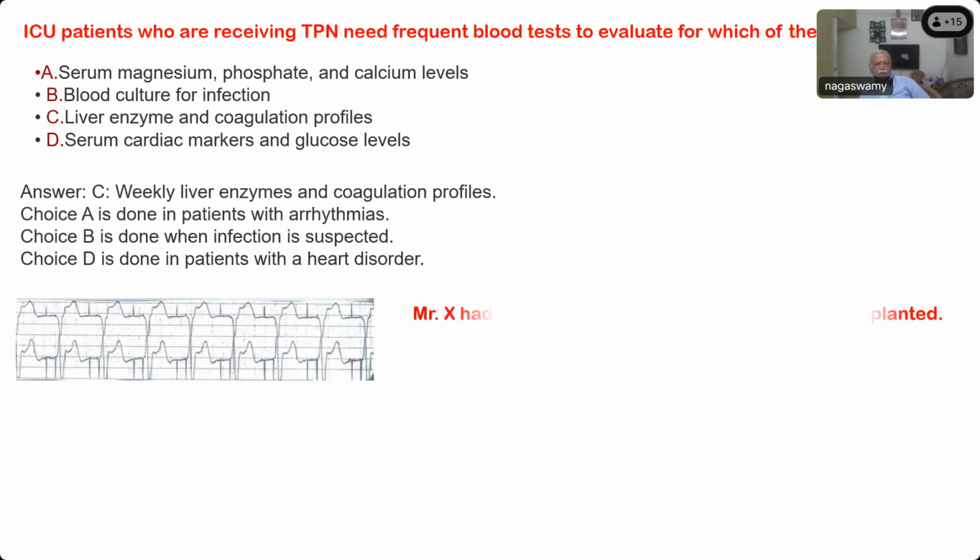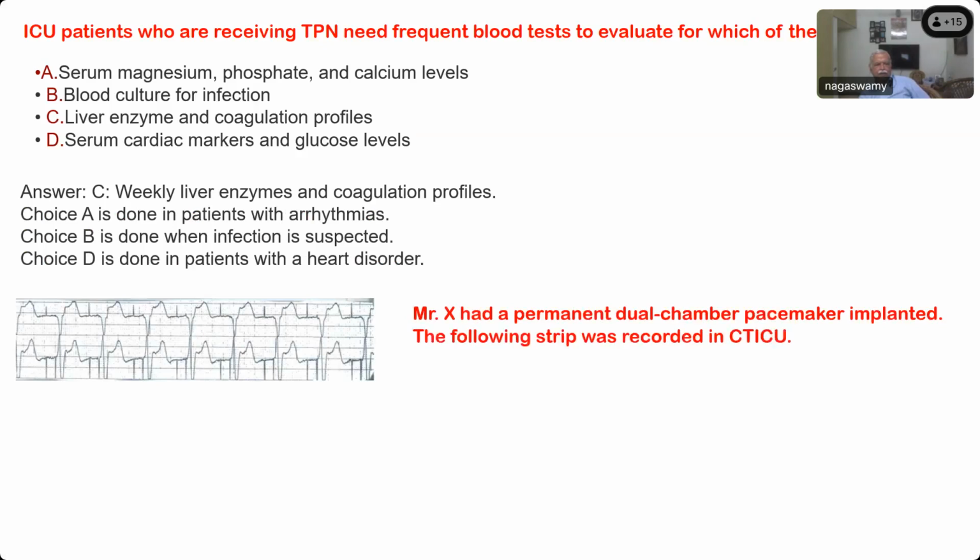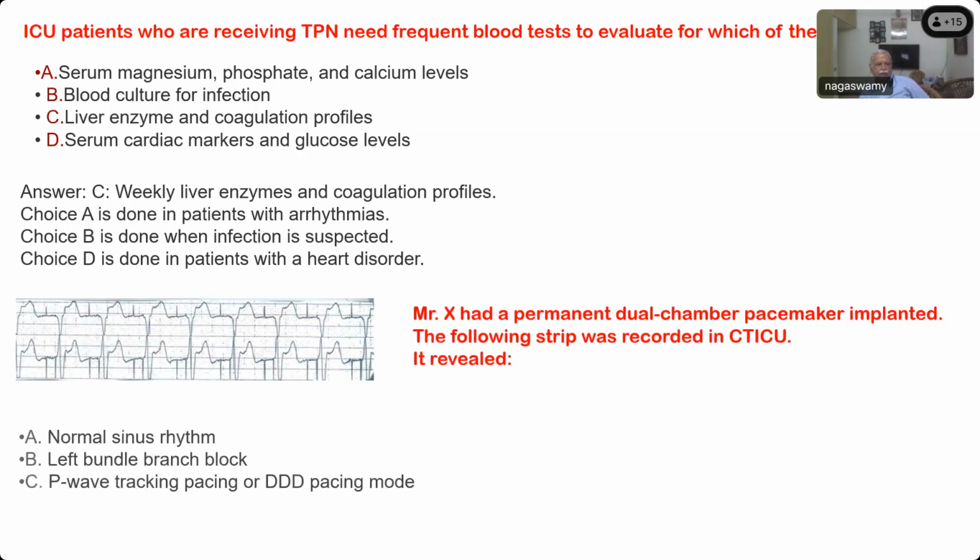Now comes an interesting question. Mr. X had a permanent dual chamber pacemaker implanted. The following strip was recorded in the cardiothoracic ICU. It revealed: A, normal sinus rhythm; B, left bundle branch block; C, P-wave tracking pacing or DDD pacing; D, ventricular demand or VVI pacing mode. Which one is the correct answer?